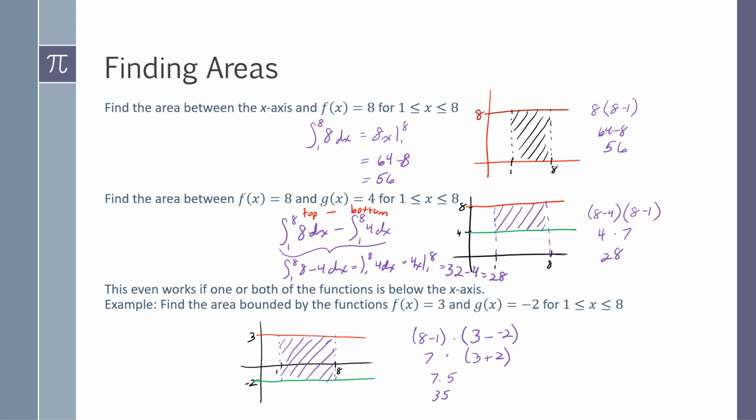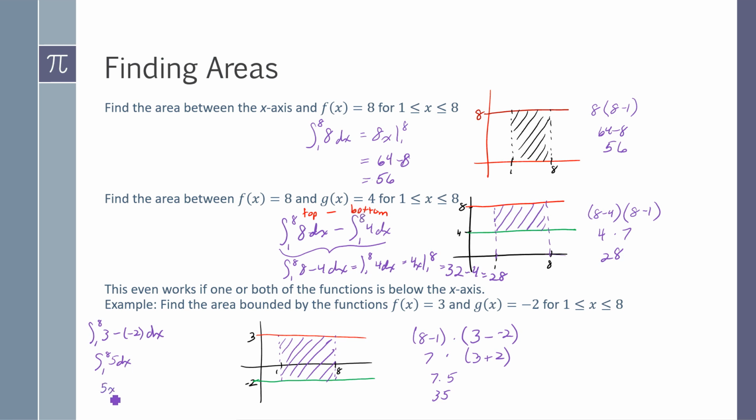But to get it to be adding a positive, that's why we have it as subtraction. It's still top minus bottom. So if I think of it as an integral, I have the top, 3, minus the bottom of negative 2. That's the integral from 1 to 8 of 5, which is 5x from 1 to 8, or 40 minus 5, which is still 35.